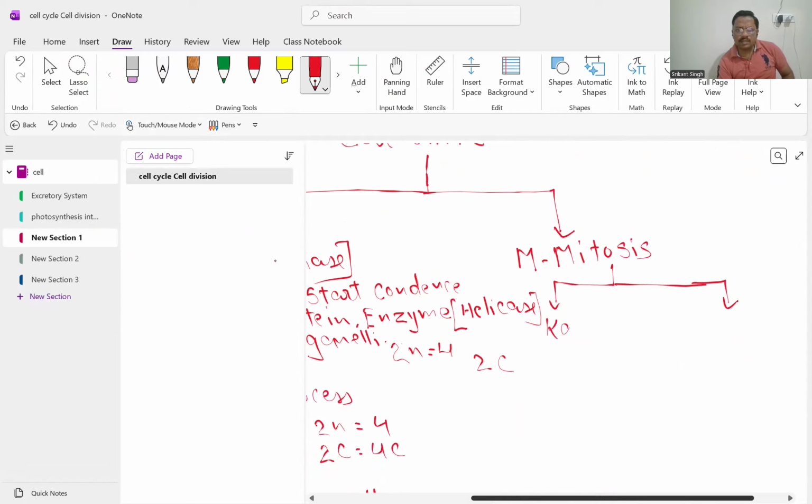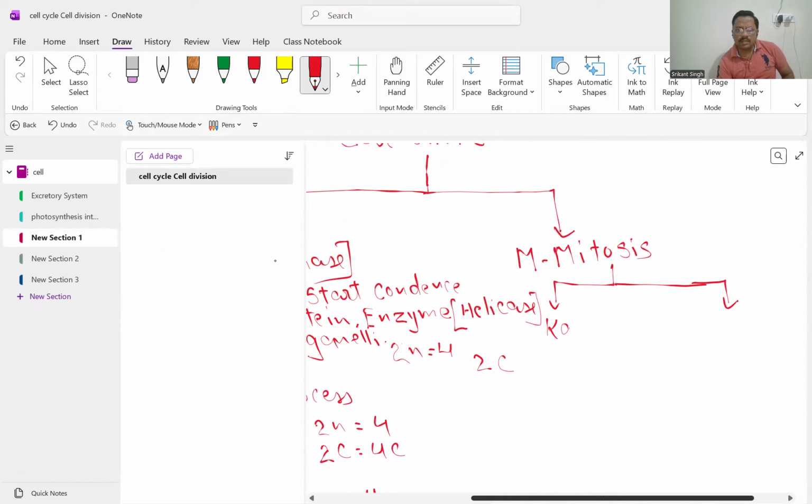Karyokinesis is completed in a few steps: prophase, metaphase, anaphase, and then telophase.